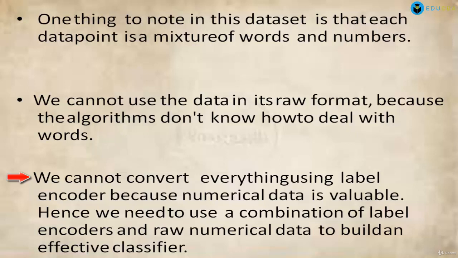So we are using a combination of label encoders and raw numerical data to build an effective classifier. We will use the combination of both these processes to get our data and build an effective classifier, that is, our SVM classifier. Now let's see how we can do this using a Python program.